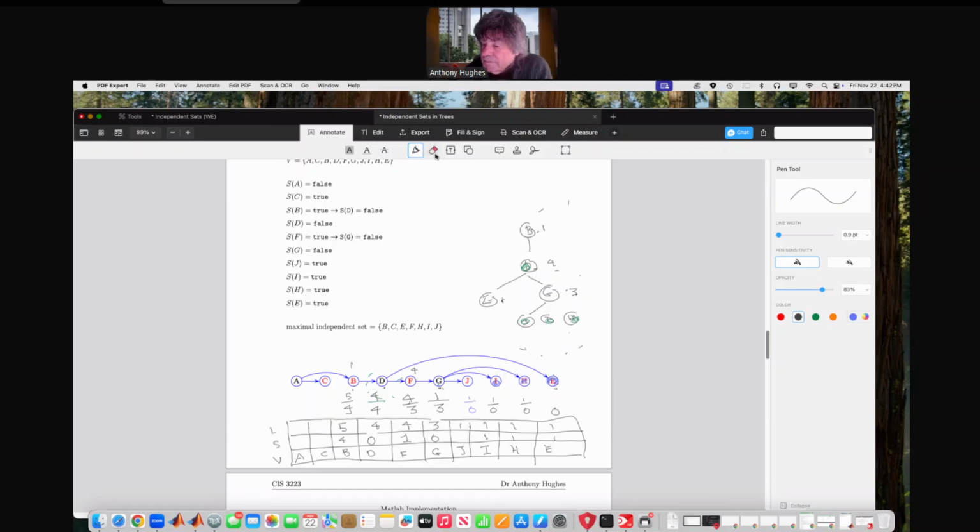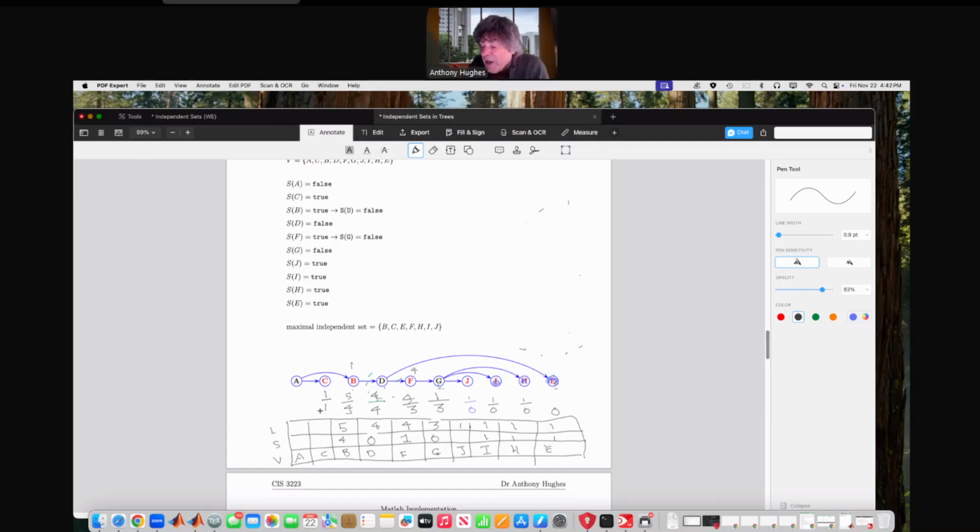So that's good. Rub it out. So C is 1 and 1, obviously, because it's just a single node.